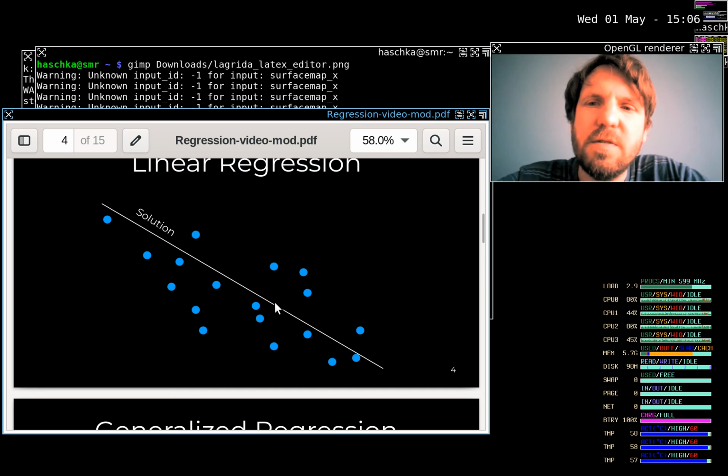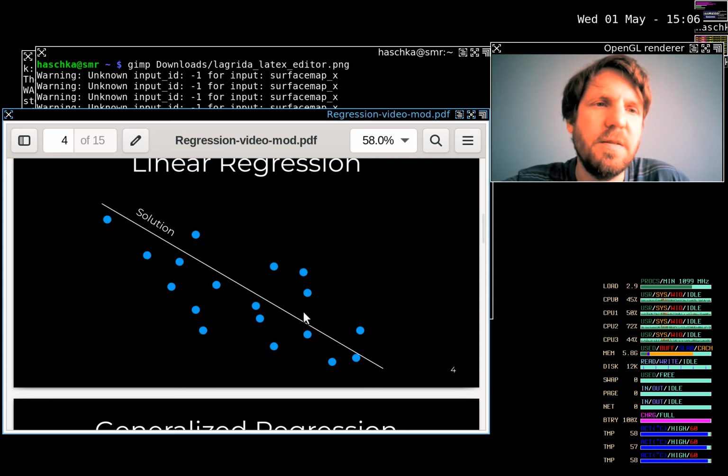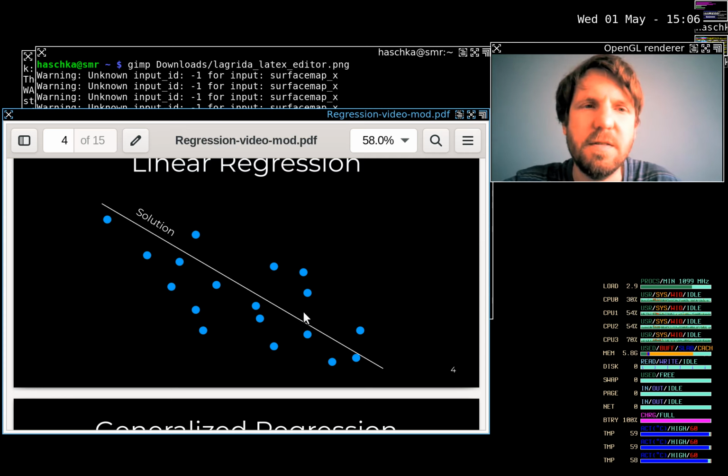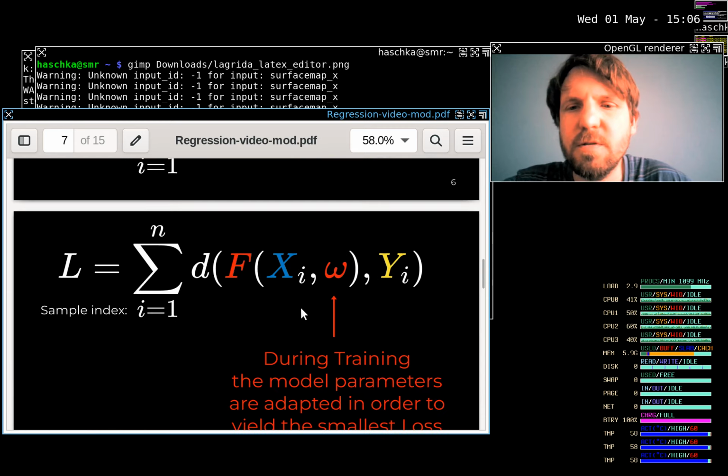You can still fit this curve, and in this L1 system, L1 means the absolute values between the points and the curve, you would be more outlier resistant than in the L2 case, which is the Euclidean norm. Okay, so far so good, enough talk here.